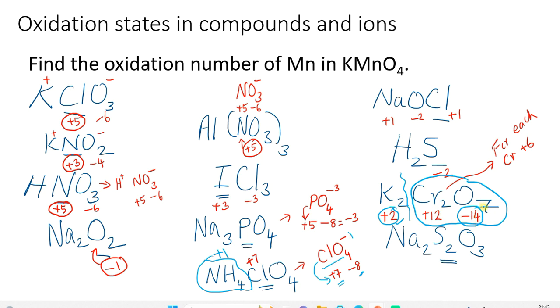So 7 oxygen atoms, 7 times -2, is -14. So 2 plus -14 gives you -12, right? So the 2 chromium atoms here should have a total of +12 to make that into a 0. So for 2 chromium atoms it's +12, so each chromium atom is going to be +6. That's how we get the oxidation state for chromium in this one.